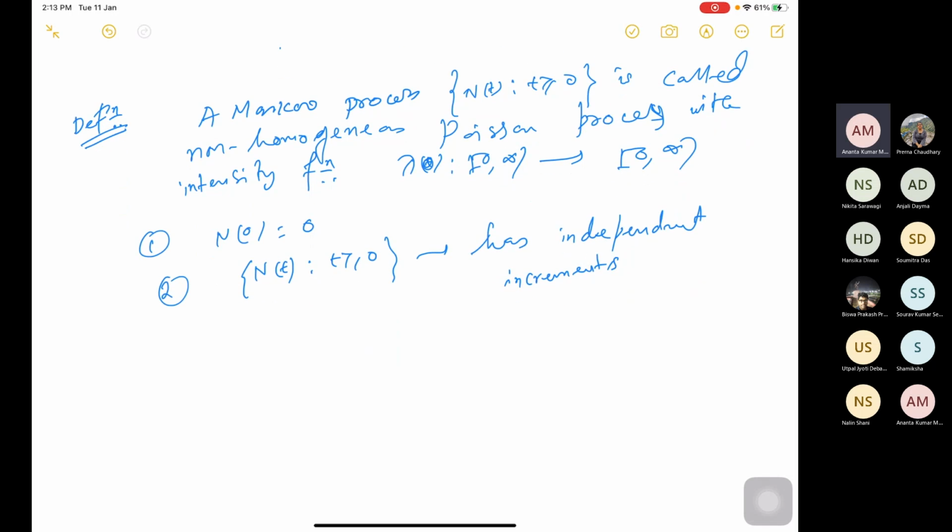And the third thing: if you consider s less than or equal to t, look at the random variable N(t) minus N(s).